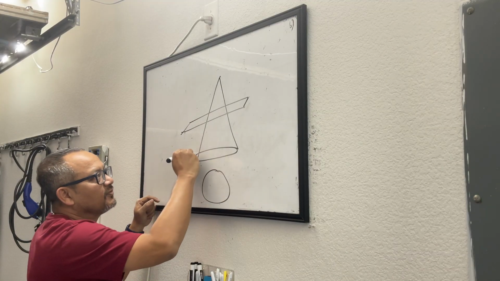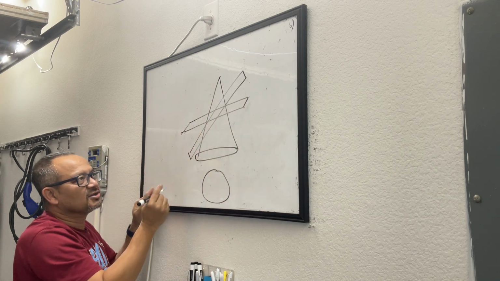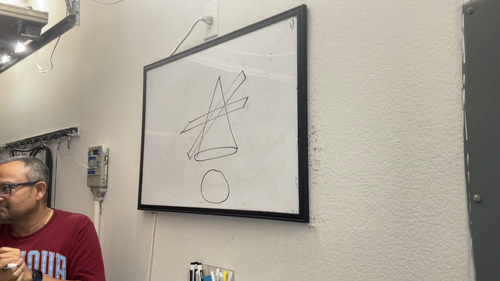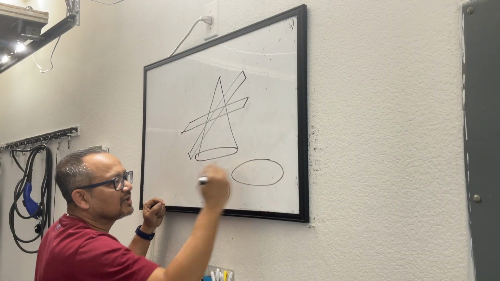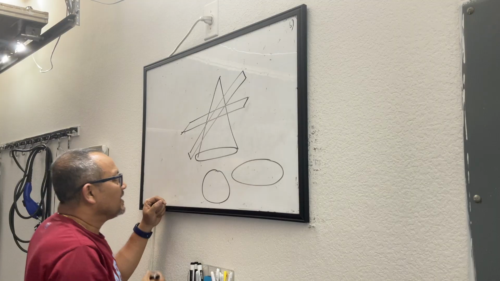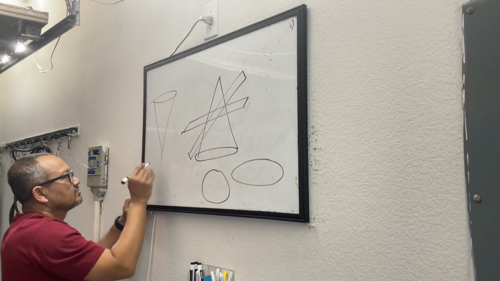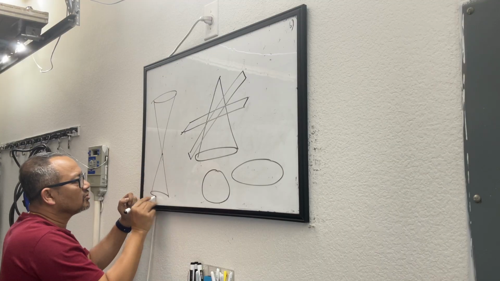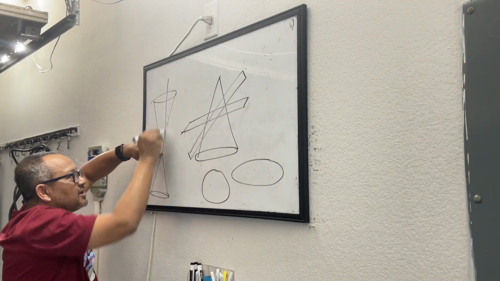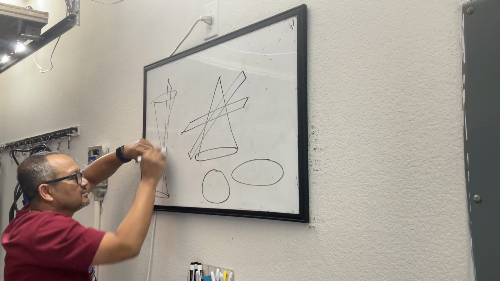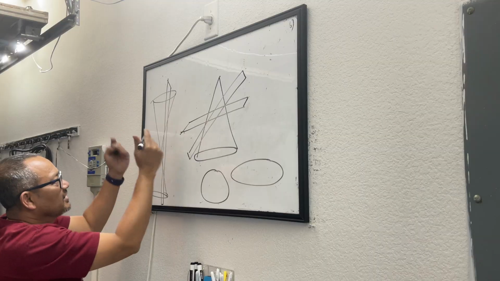If I cut with a little tilt, it gives us an ellipse. If I have two inverted cones joining at the thin edge, and I cut it with this section, then you look at what you got.